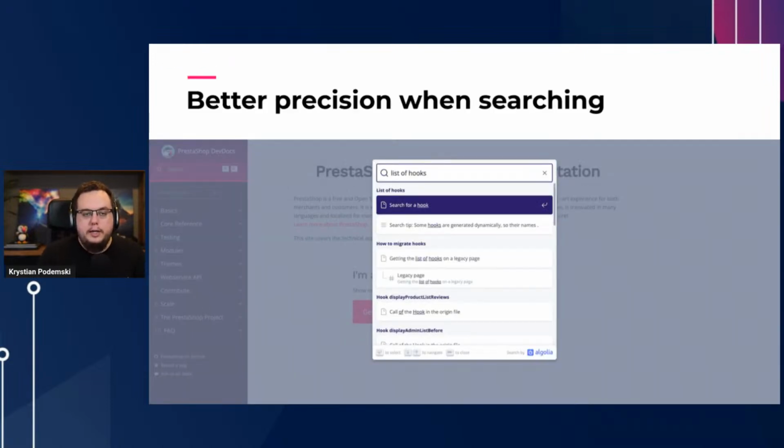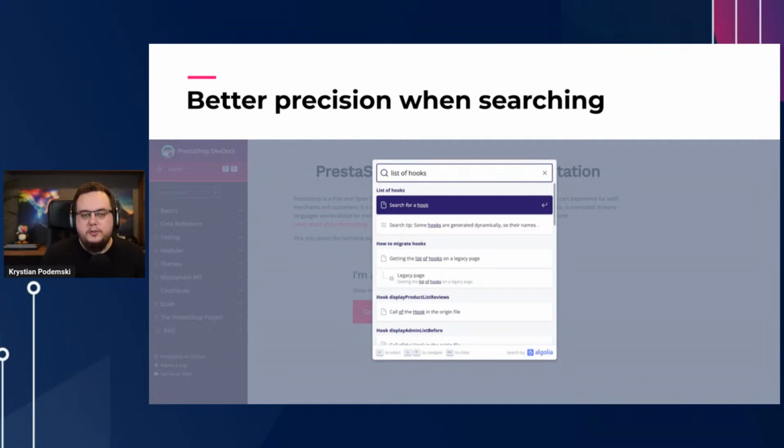For example, better precision when searching. Before, if you searched for a list of hooks, the first result was the page with the list of hooks in the PDF page, which was not really convenient.